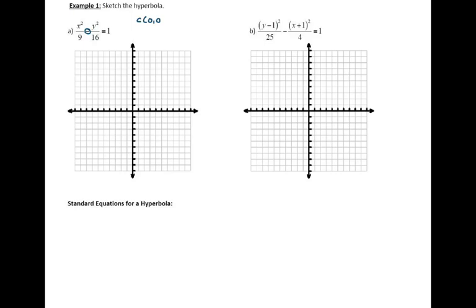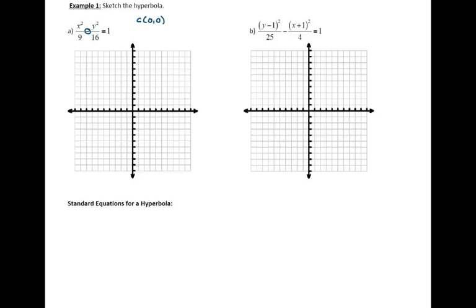So the way we're going to look at this is if we look at the equation, and we're going to try and identify some of the parts of it like we would an ellipse, and then talk about how the structure of the graph will be slightly different. The major difference in the equation of a hyperbola versus an ellipse is there's a subtraction sign between our variable terms rather than an addition sign.